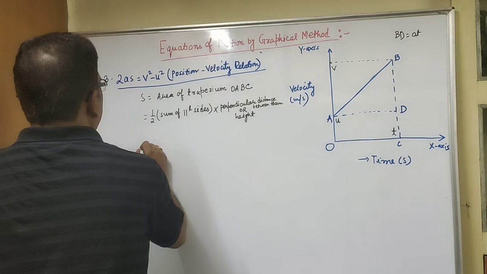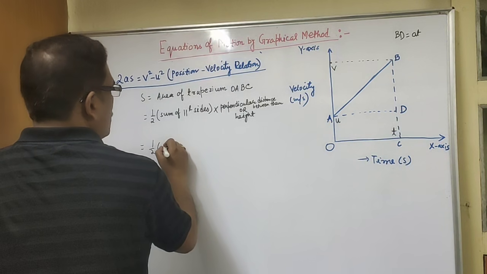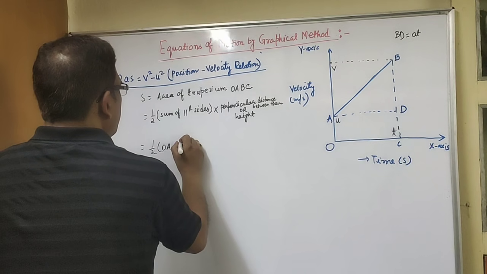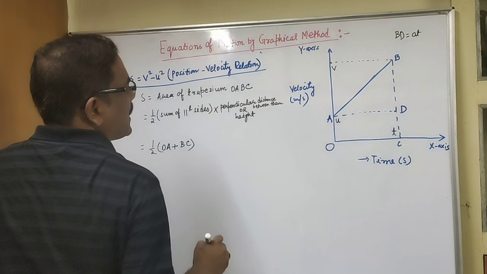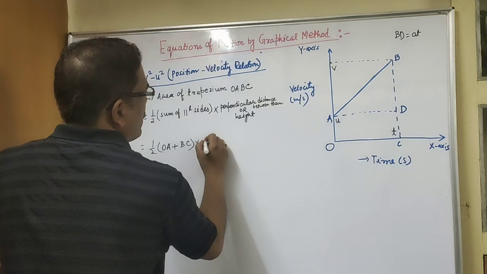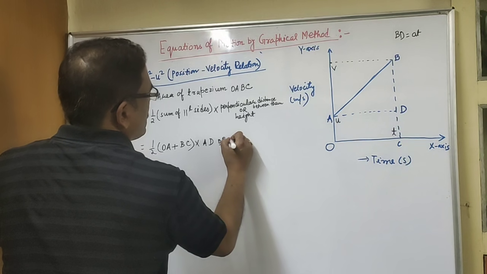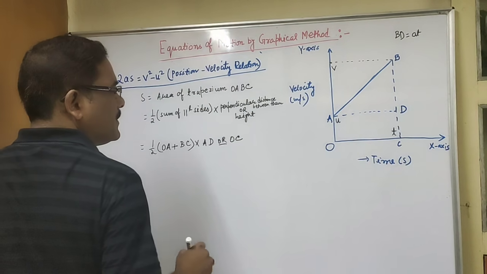So here the parallel sides are OA and BC, and perpendicular distance you can write AD, or you can also write OC, isn't it?